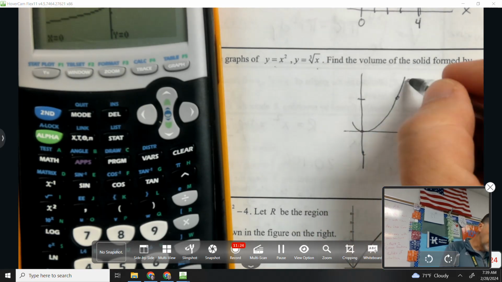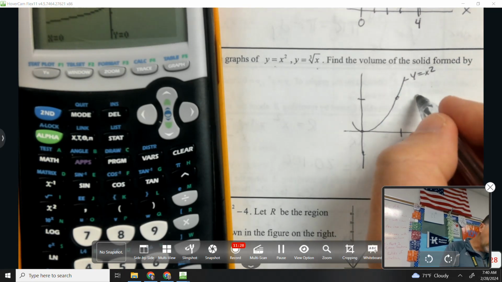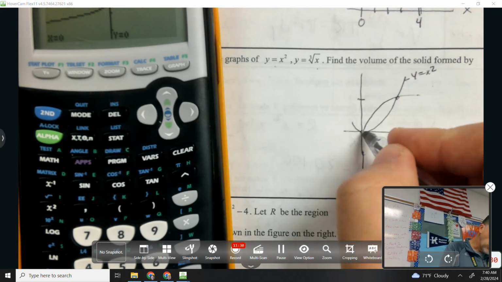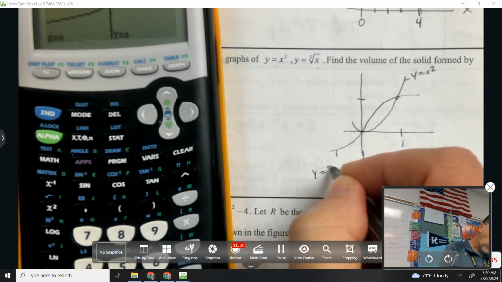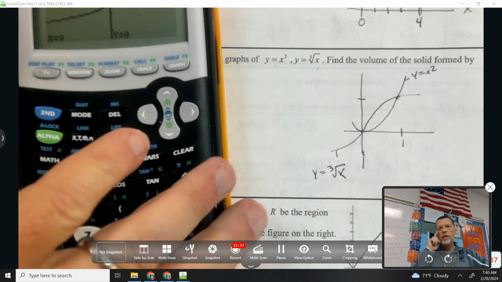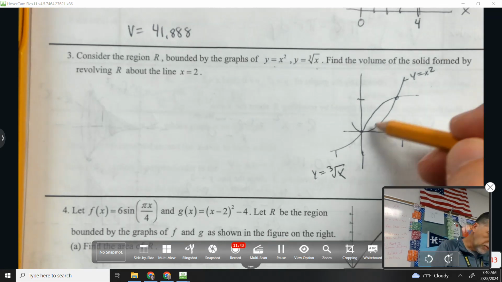One of them's the parabola, and the other one is cube root of x. So now I can see who's top and who's bottom. So here's my area.